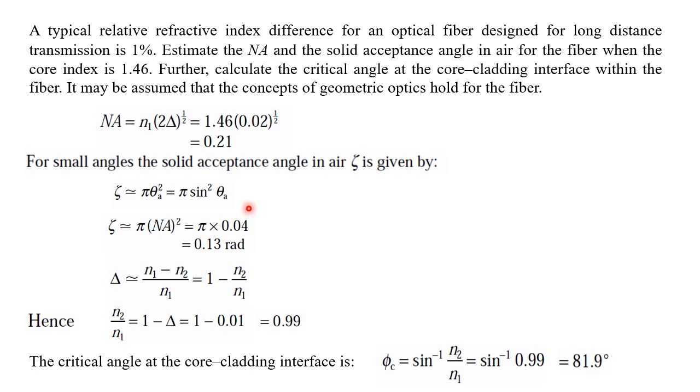So pi sine square theta A is for small angle of solid acceptance angles in air, that can be written in this way. So it is 0.13 rad. So delta is given in this fashion, that is 1 minus n2 by n1. So n2 by n1 is 0.99. So critical angle can be written as sine inverse of n2 by n1. So it is 81.9 degree.